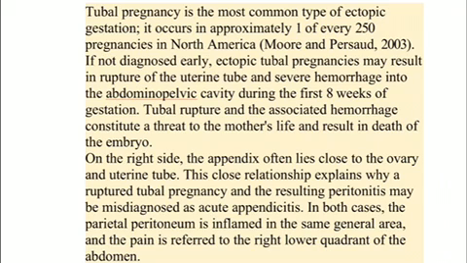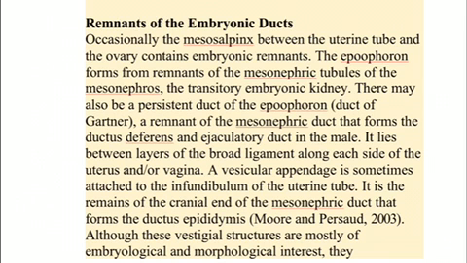In both cases, the parietal peritoneum is inflamed in the same area, so the pain is referred to the right lower quadrant of the abdomen. The pain of acute appendicitis and the pain of a ruptured right tubal pregnancy are referred to the same right lower quadrant, so there could be misdiagnosis.